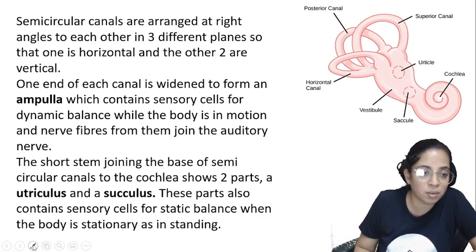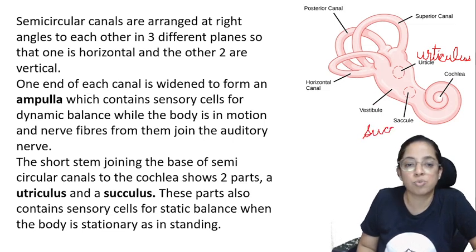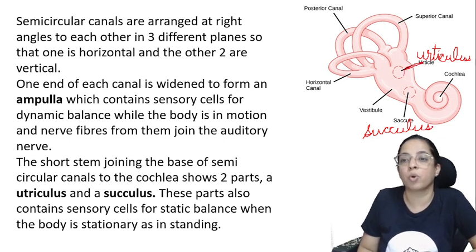Let me write here. This is a utriculus. Okay, and this is a sacculus, S-A-C-C-U-L-U-S. Remember the spellings are very important. This circular part is utriculus, this circular part that you can see is sacculus.